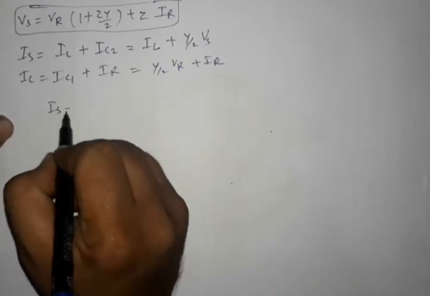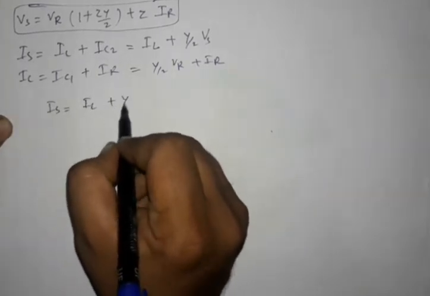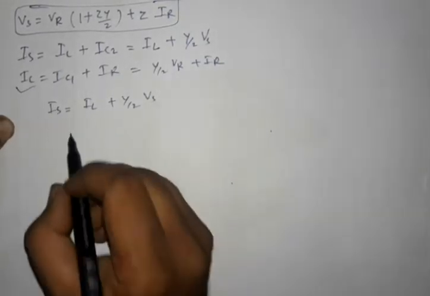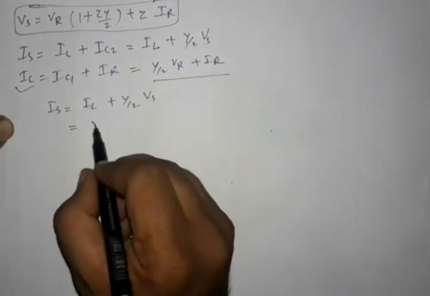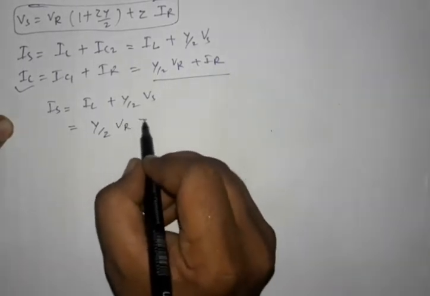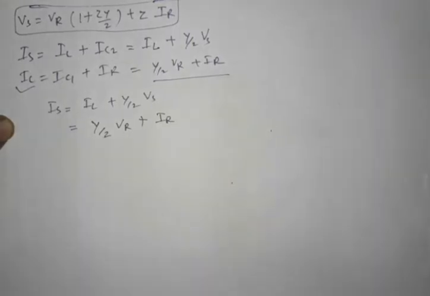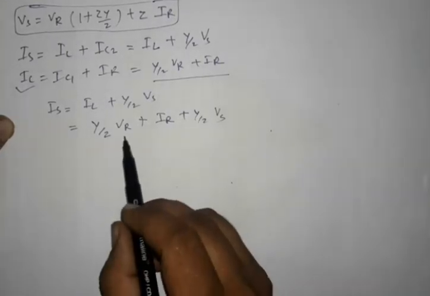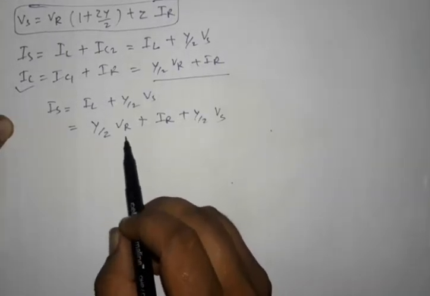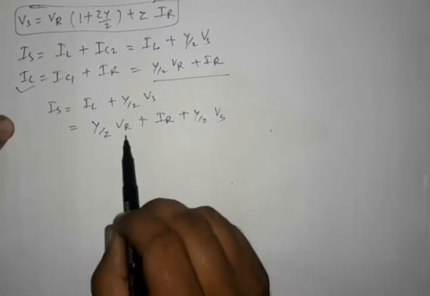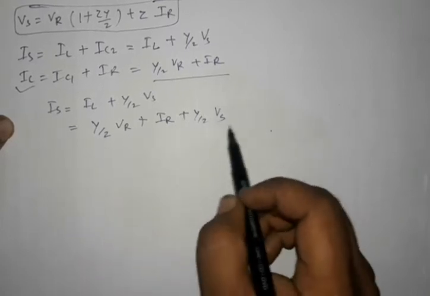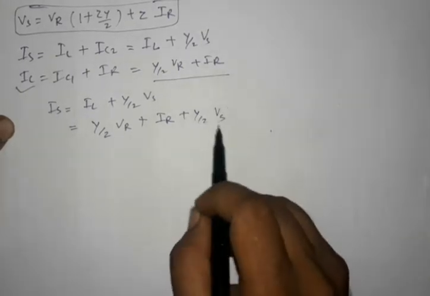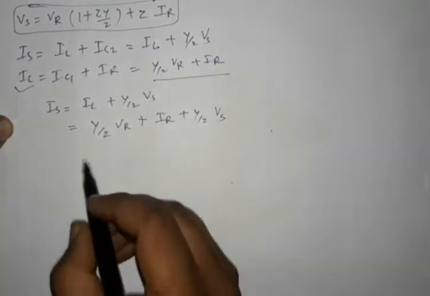So first we find the sending end current. Here Is is equal to IL plus Y by 2 Vs. Now we put the value of IL in this equation, which is Y by 2 Vr plus IR, plus Y by 2 Vs. Here we see the equation has the sending end current, Vr and IR, but also the sending end voltage. So we eliminate it by putting the value of Vs in this equation.